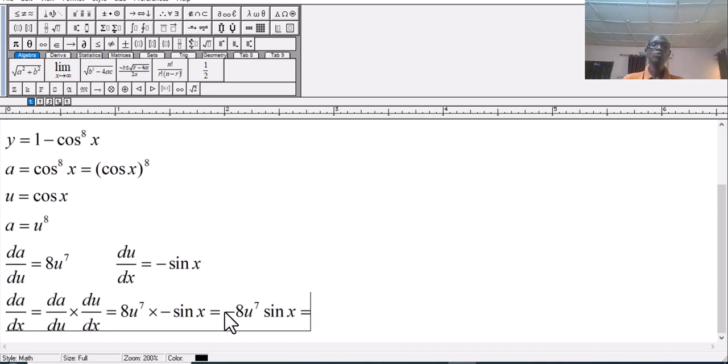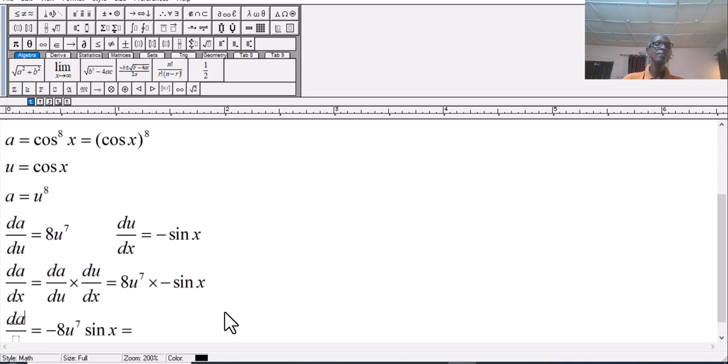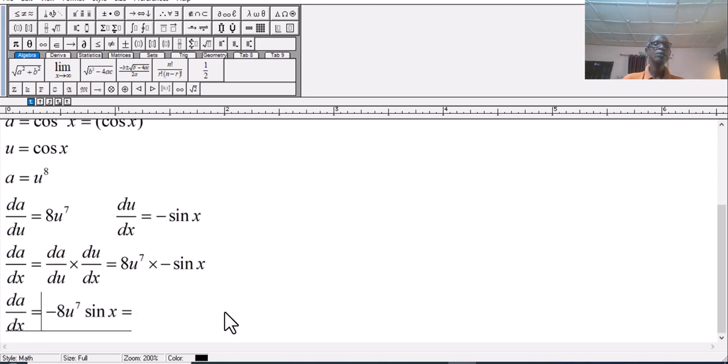So we're going to put all the values back. So my dA by dx will be equal to minus 8. Our u is cos x, so cos x raised to the power of 7, then sine x. You can write it properly.